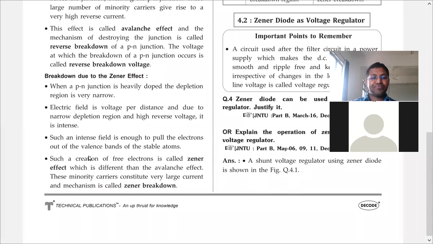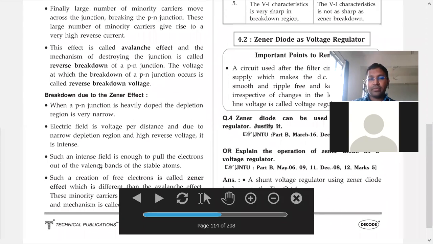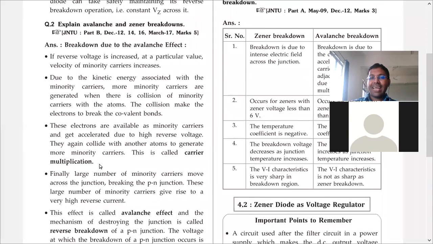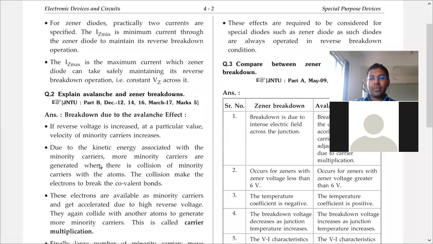Okay, clear? Fine. So the minority carriers constitute large current, right? This mechanism is known as Zener breakdown. So we have seen avalanche breakdown and Zener breakdown.